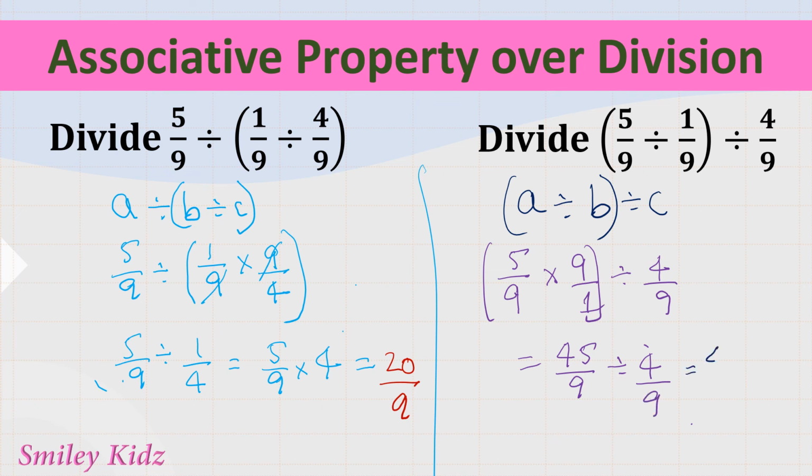So here we'll be doing 45/9 multiplied by 9/4. 9 and 9 get cancelled. We get the answer as 45/4.